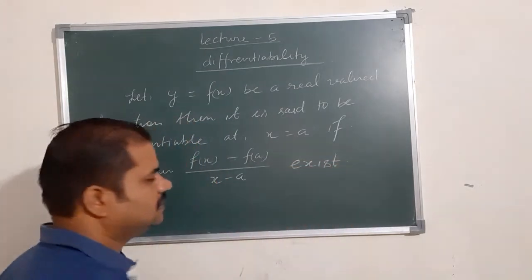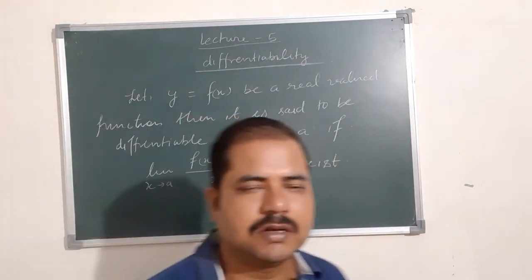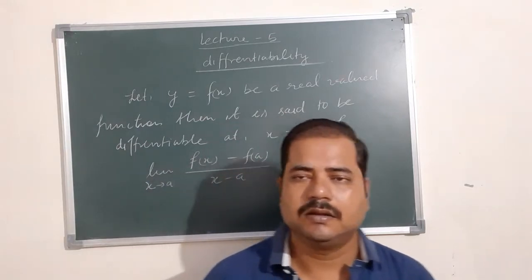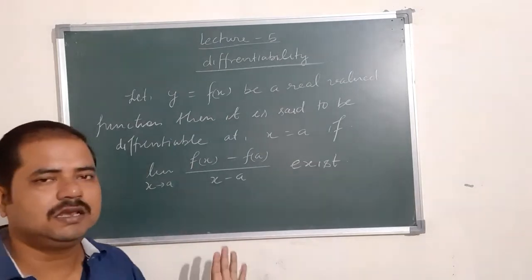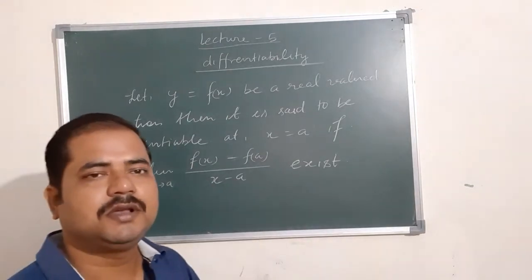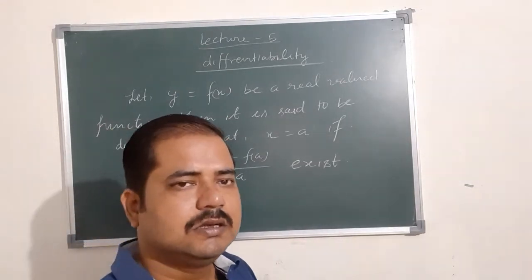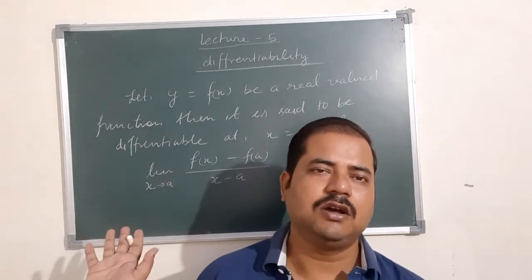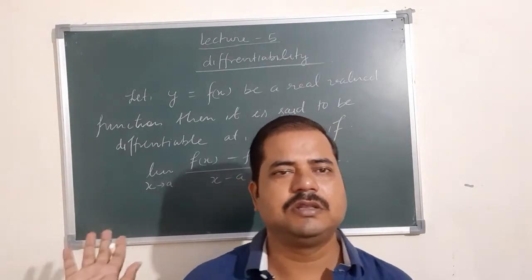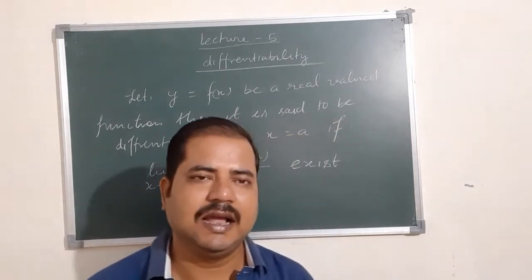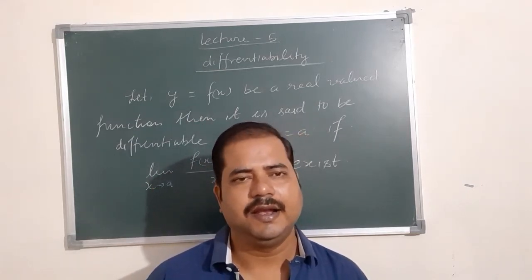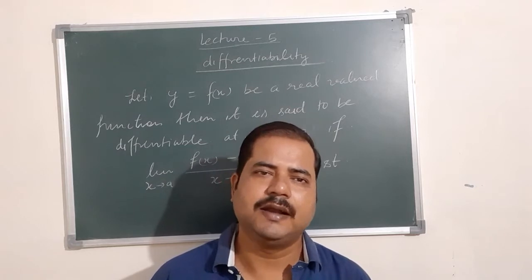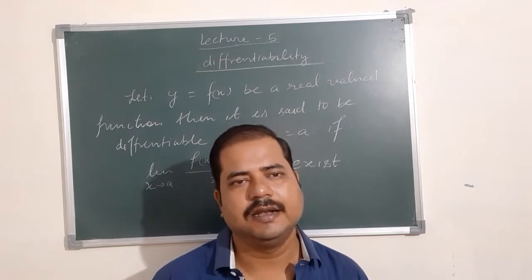This is the differentiability of the function, and this limit exists only if LHL and RHL of this particular limit exist. So LHL of this limit, that means left-handed limit, is defined as the LHD, left-handed derivative, and RHL of this limit is defined as RHD, right-handed derivative.